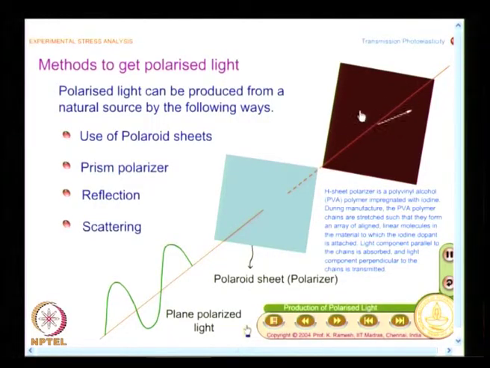So, I have natural light which is so random, the magnitude as well as direction keeps on changing, and the moment you put a Polaroid sheet, you have plane polarized light coming out after the Polaroid sheet, and this is only a statement.